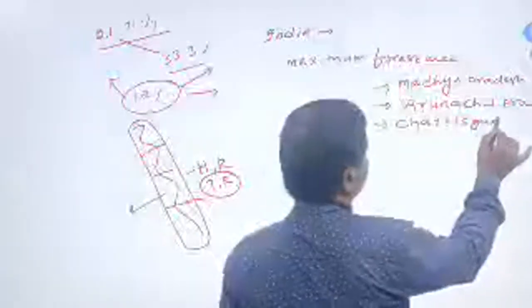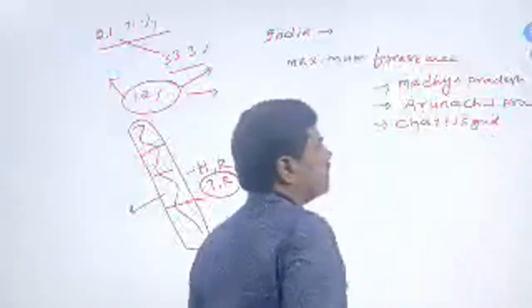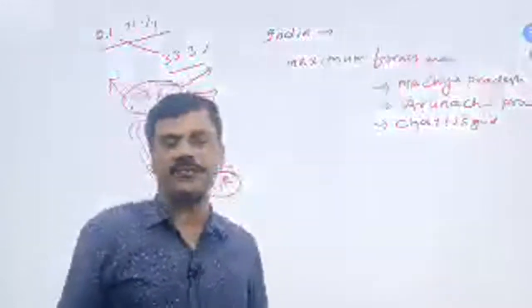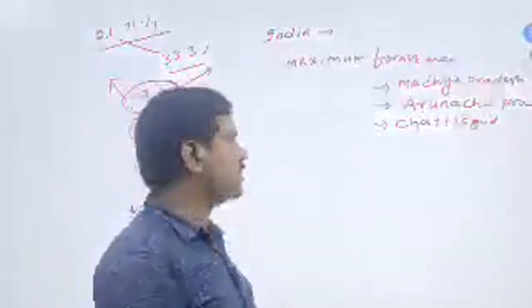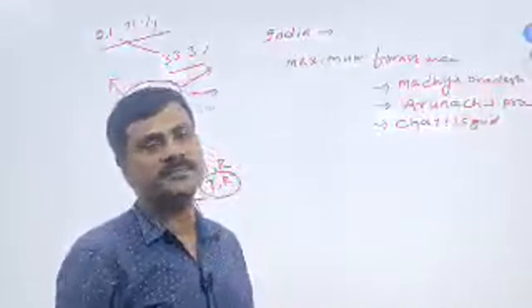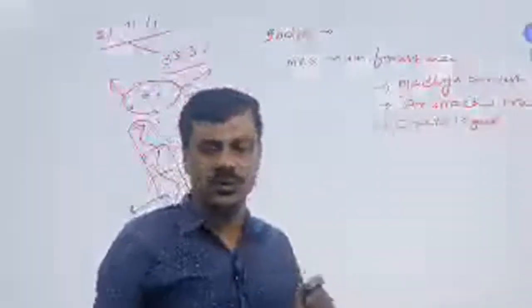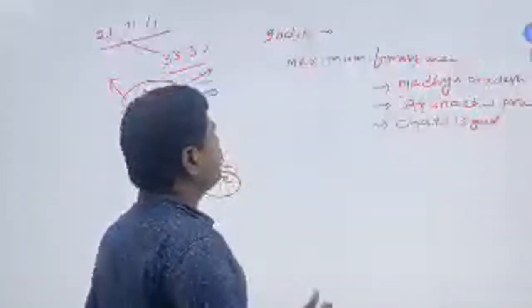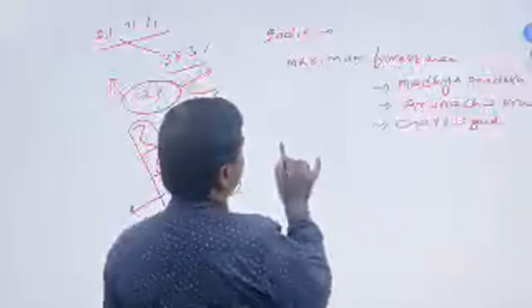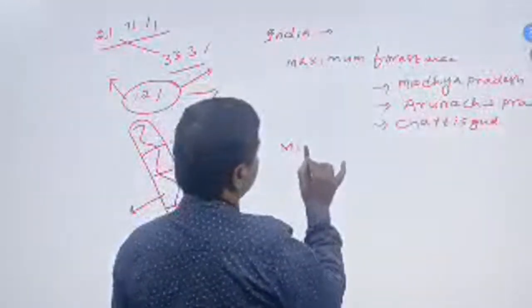Chhattisgarh was separated from Madhya Pradesh in 2000, but including Chhattisgarh, Madhya Pradesh had the maximum forest area before 2000. Okay? Right.